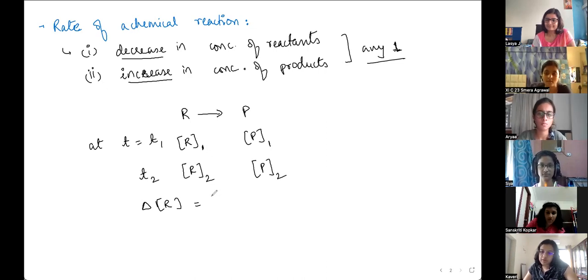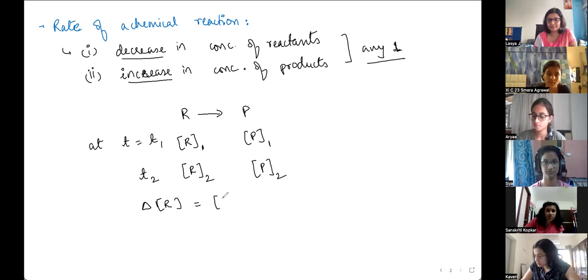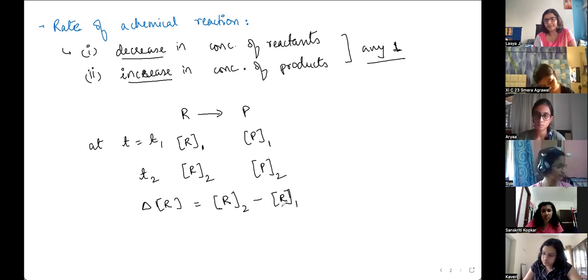Final minus initial, current minus original. So for reactants, what will be the expression? Final concentration of reactants minus initial concentration of reactants. So R1, R2 assumed, right? R2 minus R1.